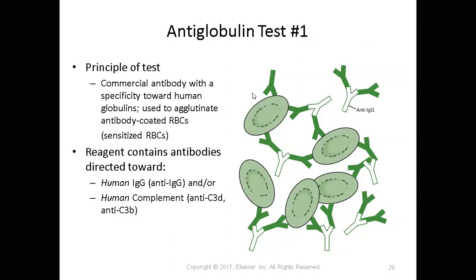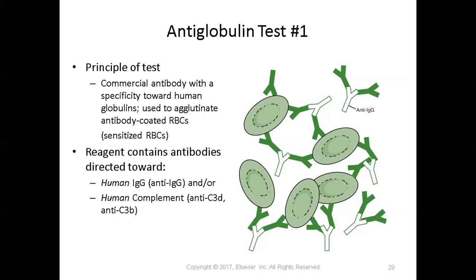Okay, so they basically inject, let's say we have a rabbit or a mouse, and we inject that rabbit or mouse with human IgG. Think about it. When it's injected with human IgG, the rabbit or the mouse says, hey, that's not mine. That's an antigen to me, right? That's foreign.